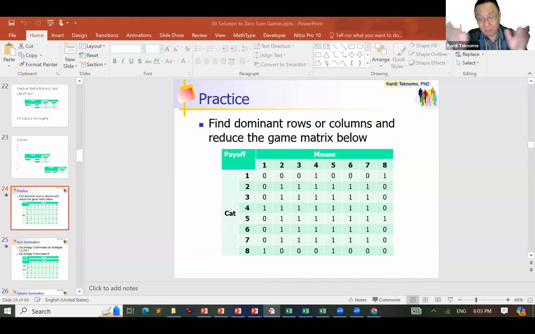You probably can't solve this fully, but can you at least reduce the game matrix by domination?